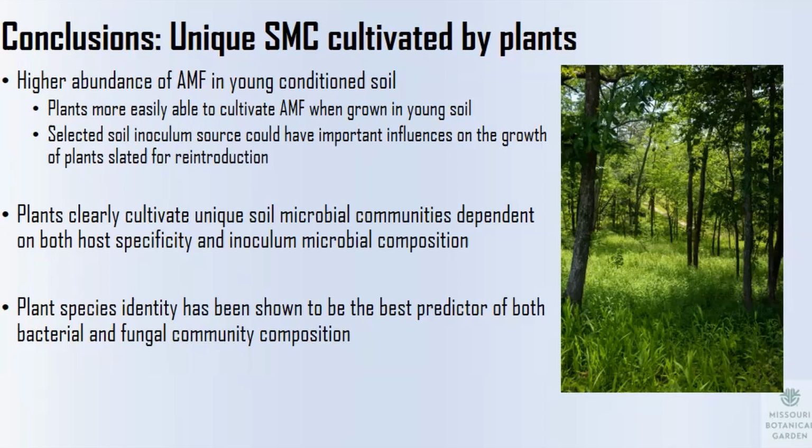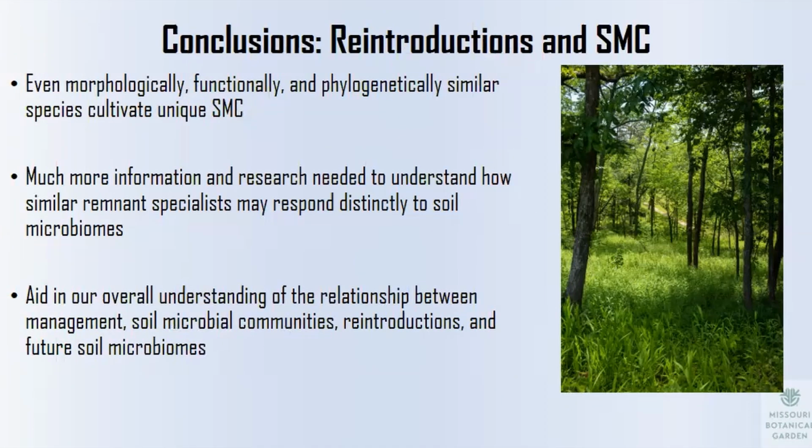And plant species identity has been shown to be the best predictor of both bacterial and fungal community composition, though many other environmental factors do contribute to differences in community composition. Plant species has really been shown to be the number one driver in a lot of systems. And even, again, morphologically, functionally, and phylogenetically similar species are cultivating completely different microbes. And this is really important as we think about management strategies as a whole and long-term management for restoration success.